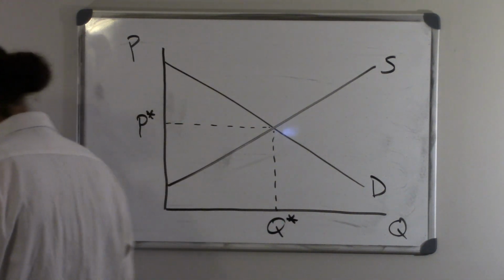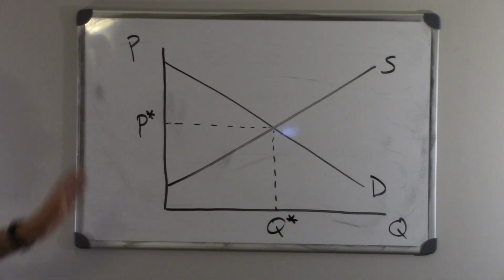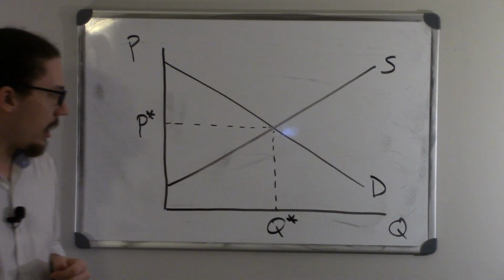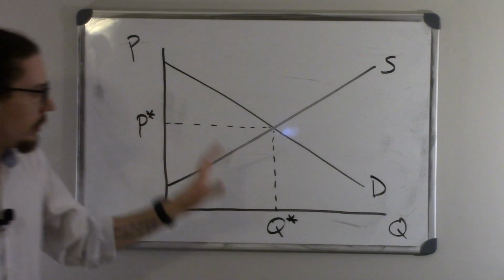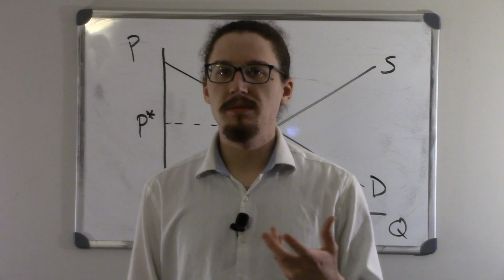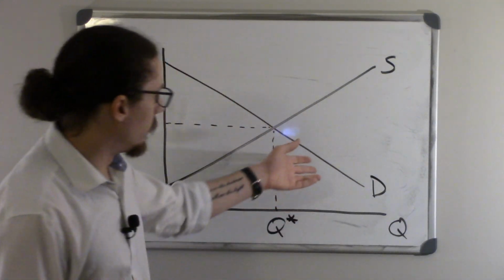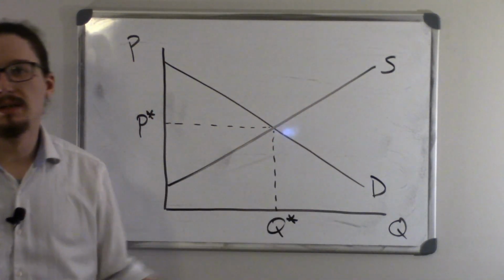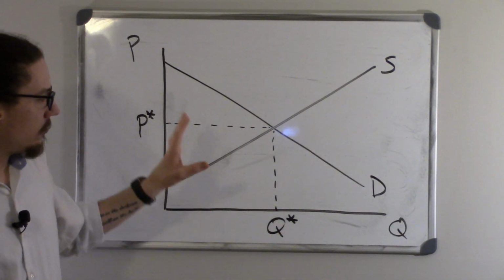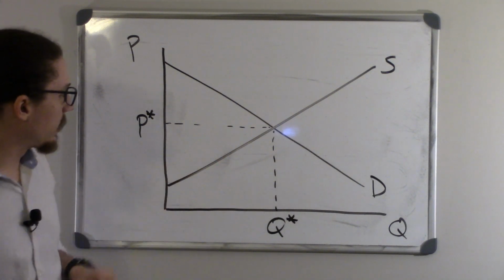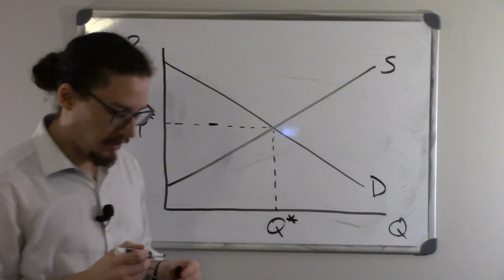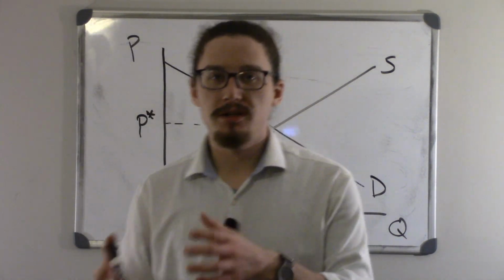All right, so this is just our standard supply and demand graph, right? If we were to have a shock of any kind in this system, whether demand increases or decreases, or supply changes somehow, then we would expect to see a change in the equilibrium, as the market tries to adjust to this new shock.